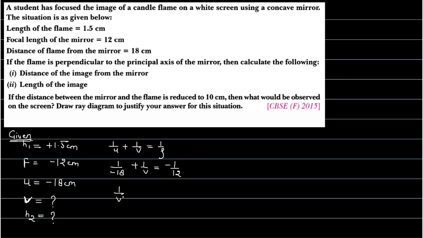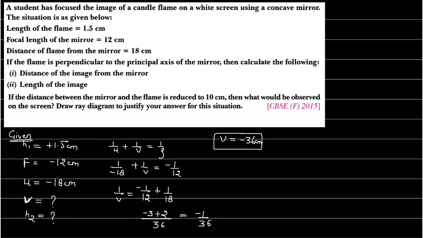Let's take the LCM. 1 upon v equals minus 1 upon 12 plus 1 upon 18. LCM would be 36: minus 3 plus 2, it would be minus 1 upon 36. That means v comes out to be minus 36 centimeter. Put the units also.